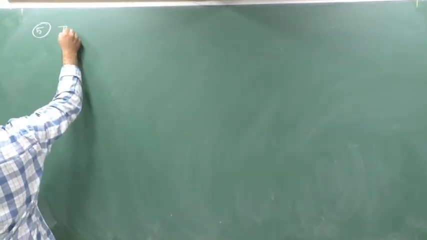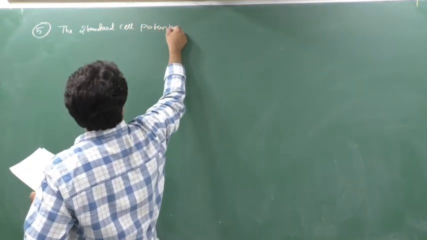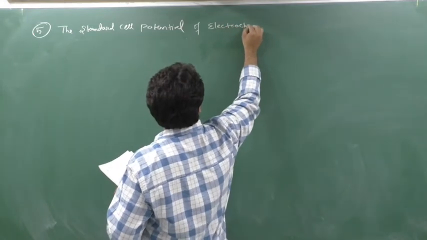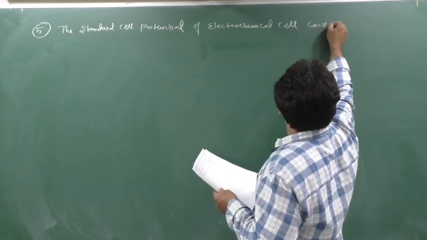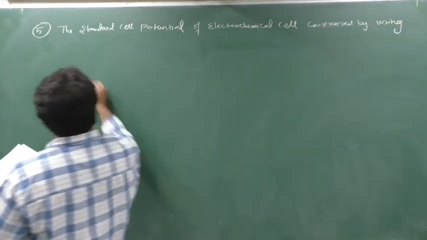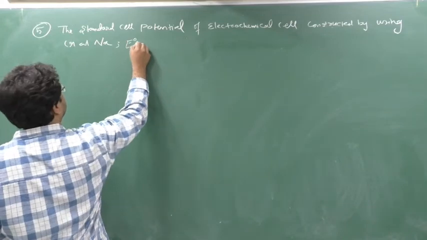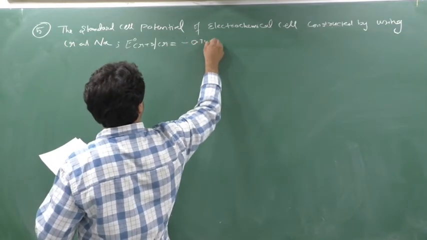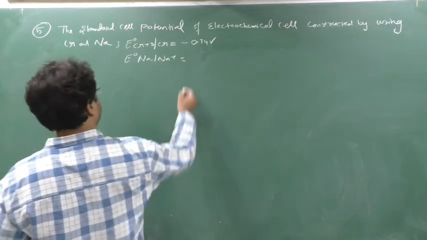The standard cell potential of an electrochemical cell constructed by using Cr and Na, and they have given certain values: E0 Cr plus 3 slash Cr equals minus 0.74 volt and E0 Na slash Na plus equals 2.7 volt.